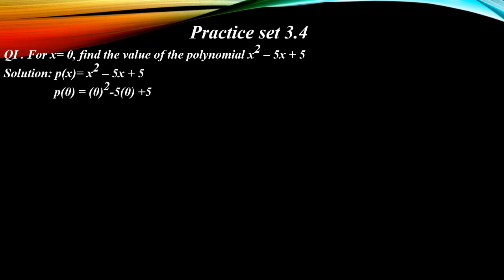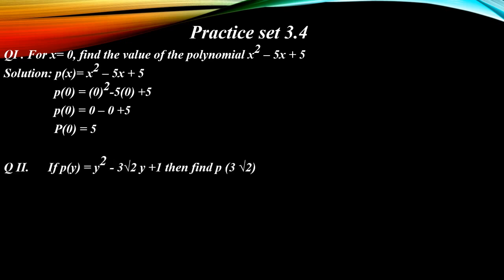Therefore, substituting the value of x as 0, we get P(0) = 0² − 5 × 0 + 5. Therefore, P(0) = 0 − 0 + 5, and that is P(0) = 5.